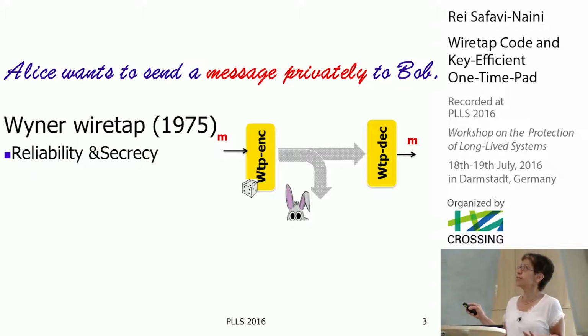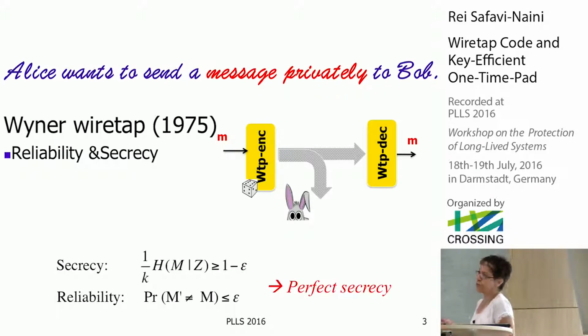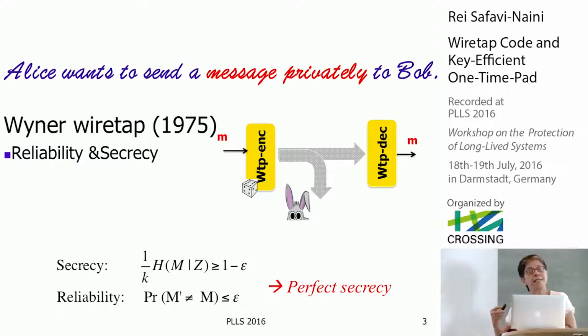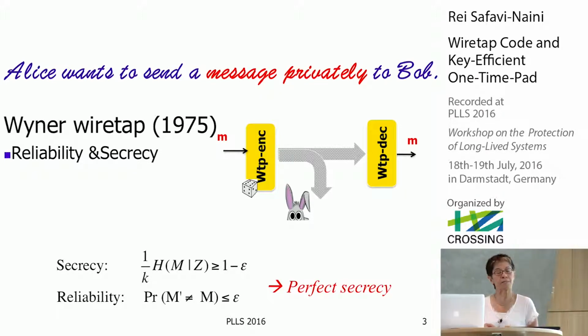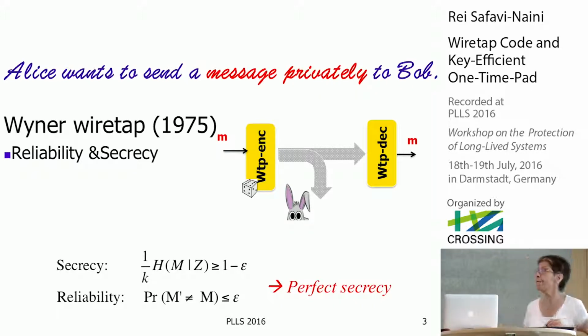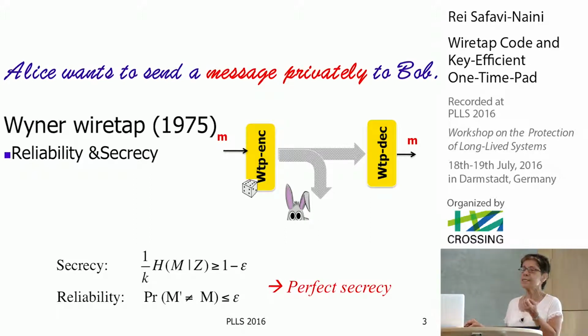There is no shared key, and instead you have a randomized encoder, which is called the wiretap encoder, and then there is a wiretap decoder. Wyner defined secrecy, again using an information-theoretic measure, but now asymptotically. The requirement is that asymptotically you have perfect secrecy: for every bit, the leakage goes to 0. Reliability is the same as Shannon's.